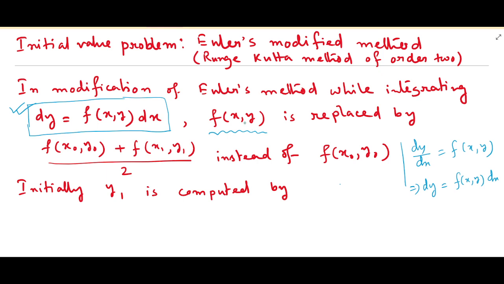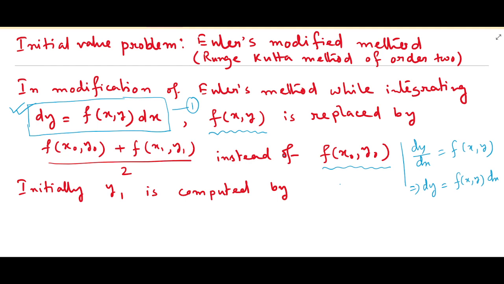If you remember, in Euler's method, in place of f of x comma y we put f of x naught comma y naught, which we can easily find from the initial condition given in the question. After putting this in equation 1 and integrating, we get the value of y1, and successively we can find y2, y3, as many as we need.